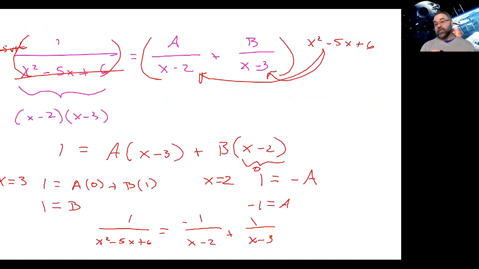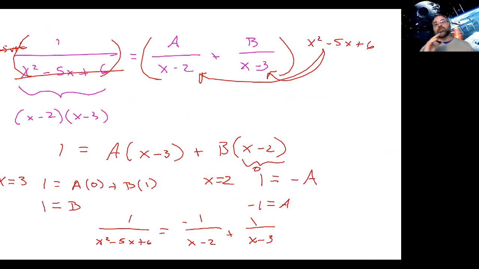Now, a couple of things about the one we just did. It was very important that when I factored my original denominator, they were linear factors. That's why I used constants, a constant A and a constant B. If the factors are not linear, say there are quadratic factors in the denominator, then you have to use a linear factor numerator. You're always trying to decrease the degree of the numerator by one power.